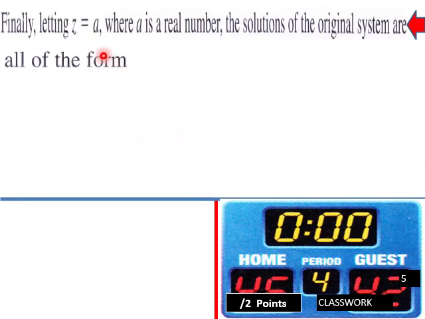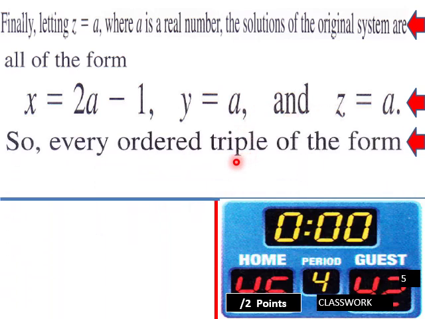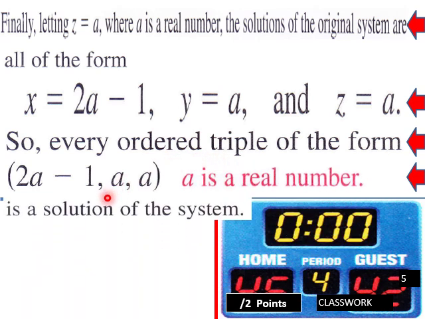Knowing that, finally letting z equal a, where a is a real number, the solutions of the original system are all of the form x equals 2a minus 1, y equals a, and z equals a. So every ordered triple of the form (2a minus 1, a, a), where a is a real number, is a solution of the system.